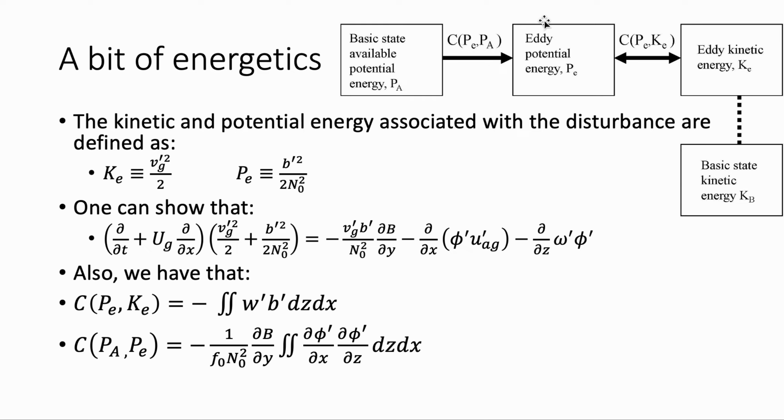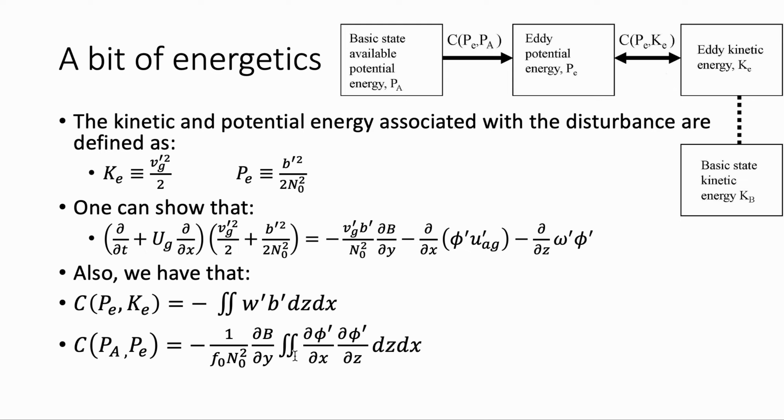And we have these terms that are conversion terms. This PAPE, this is a term that extracts potential energy from the basis state and makes it available to the eddy that we're generating. And then we have another term that is converting this eddy potential energy into eddy kinetic energy, which is then going to generate the disturbance that we observe.